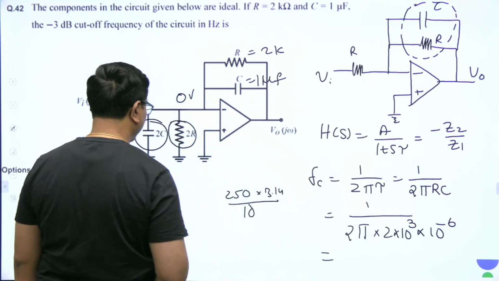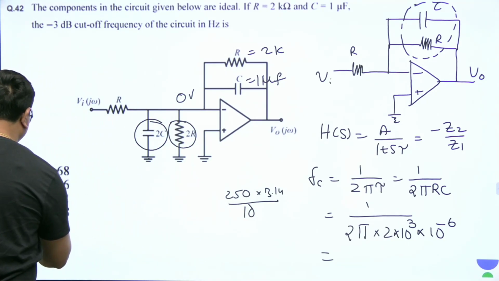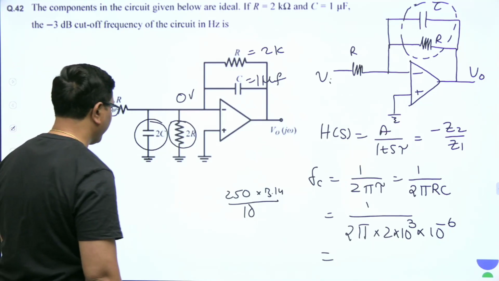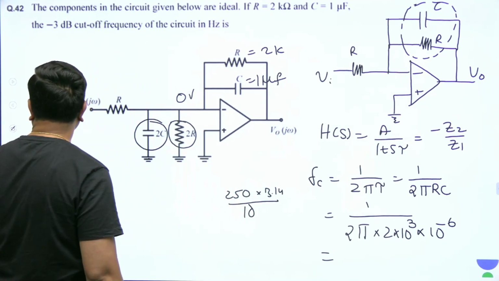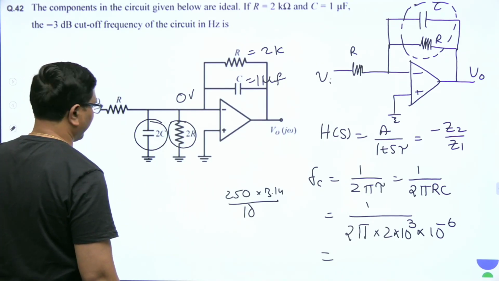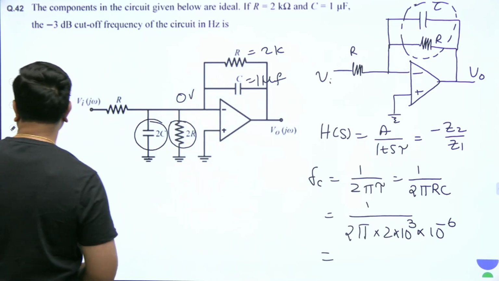So 10 cancel, 25 threes. So you will get it around 79.58. Option D is correct, right? Just approximately I wrote it. Anyway, you will be getting the answer to be around 79.58.